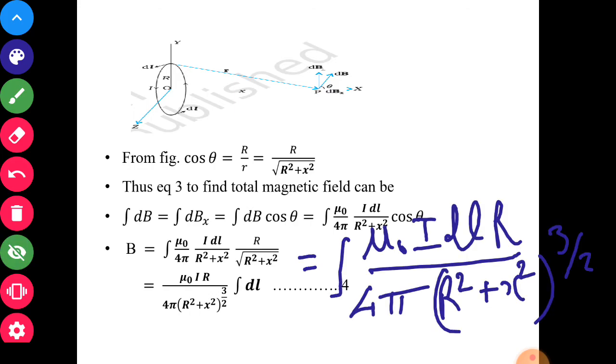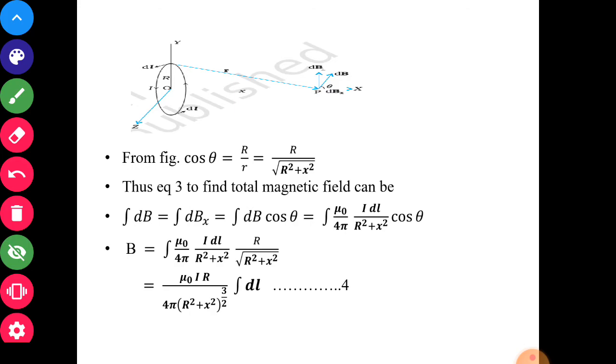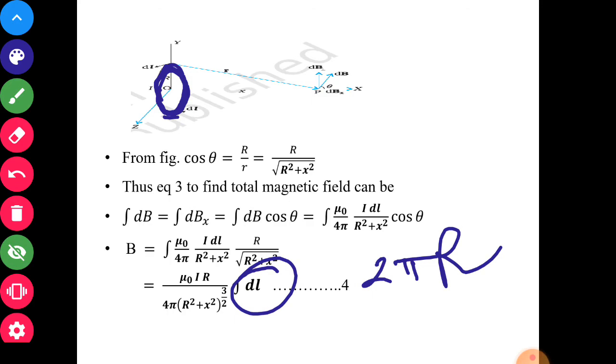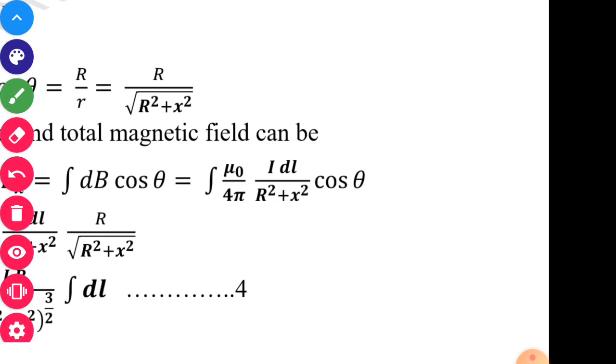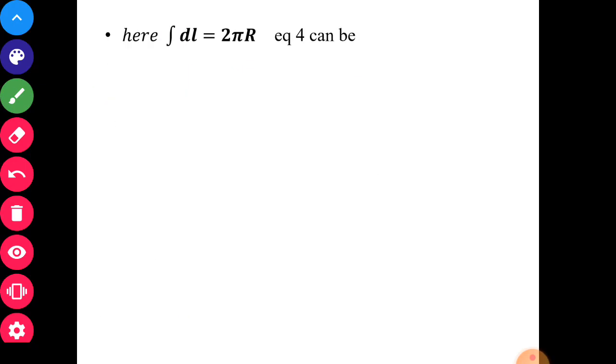Now if you take all the dl, all the dl together will make the circumference of this circular loop. So instead of this dl we can now write 2 pi r, the circular circumference. It is written in the next equation. Here dl is 2 pi r, so instead of the integration of dl we have written 2 pi r.